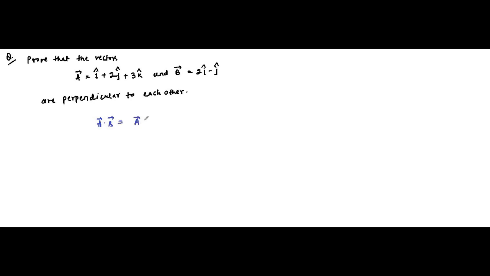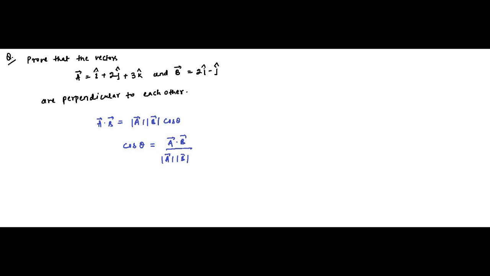A vector dot B vector is expressed as A vector modulus B vector modulus cos theta. The cos theta part can be taken to one side and expressed as A vector dot B vector by A vector modulus and B vector modulus.